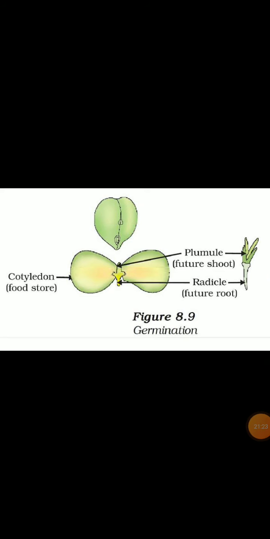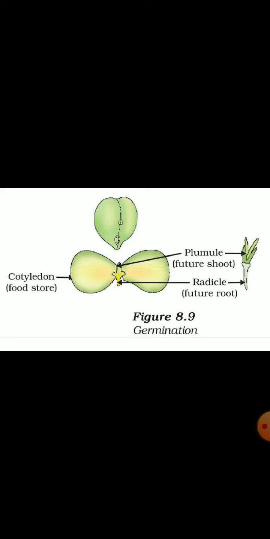In the picture, the future root, that is the radicle, and the future shoot, that is the plumule, both are shown. So this is the process of germination. What is germination? The seed contains the future plant or embryo, which develops into a seedling under appropriate conditions. This process is known as germination. What is a seedling? A seedling means a young plant raised from a seed.